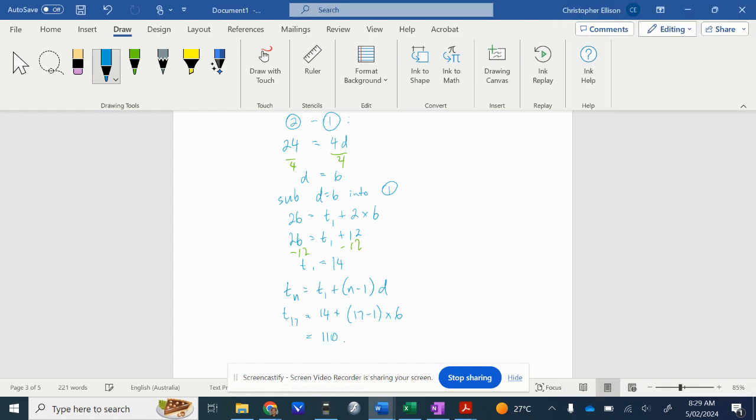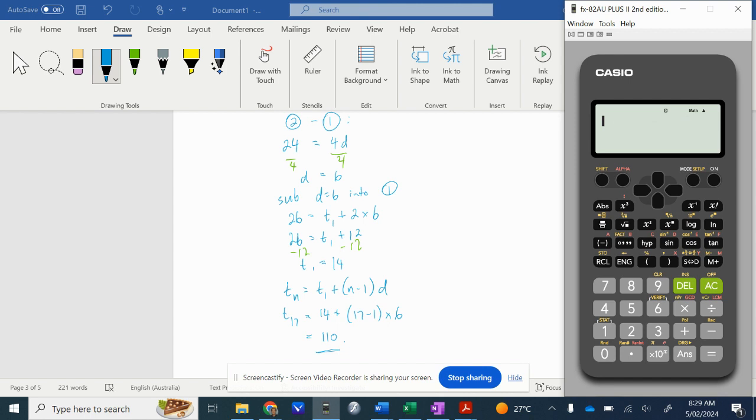Now, if I were you, that's the working we want to see. We want to see the 17th term is 110. I'd be making sure that it works. 14 plus 6 is 20, plus 6 again. This is the iterative method. And so we're now up to the third term by doing that. And remember, now you can just keep on pressing equals because it's going to keep on adding 6.